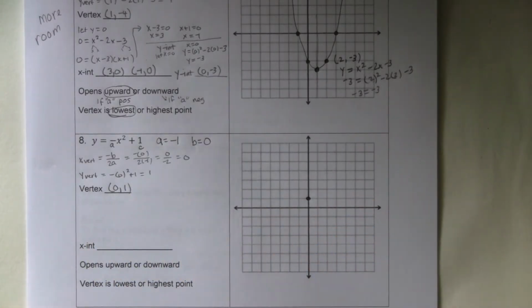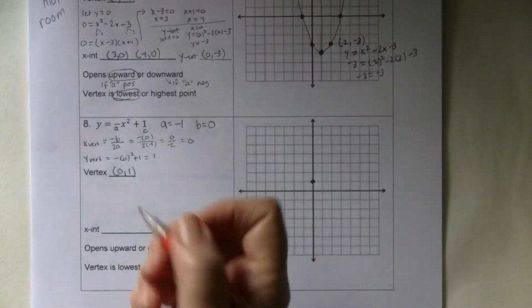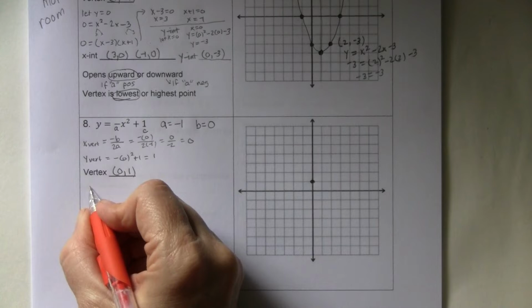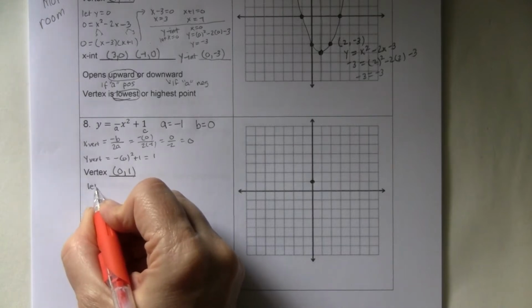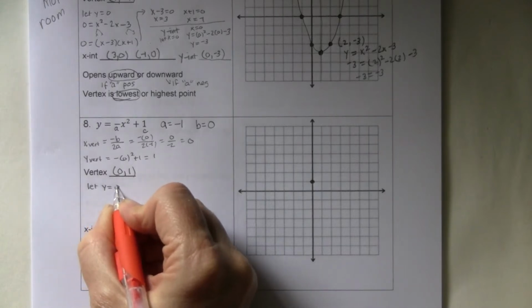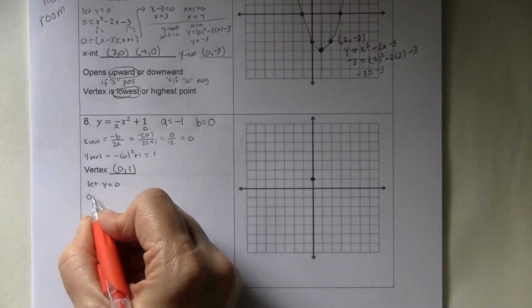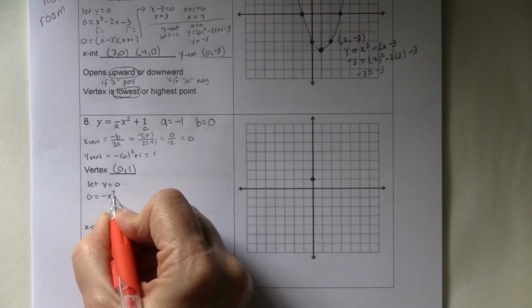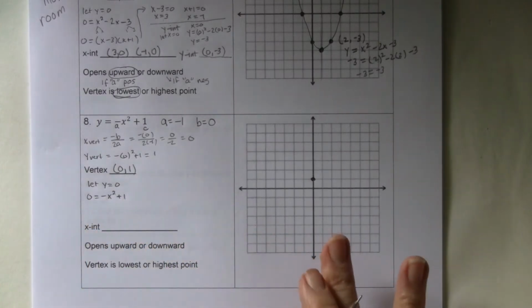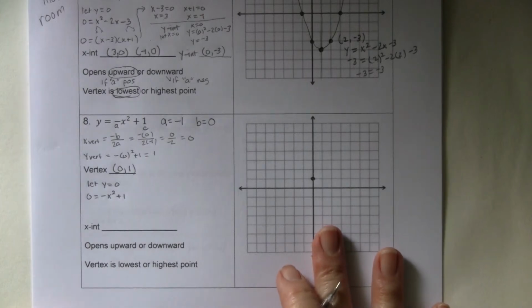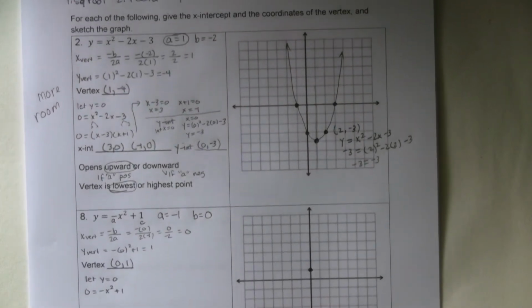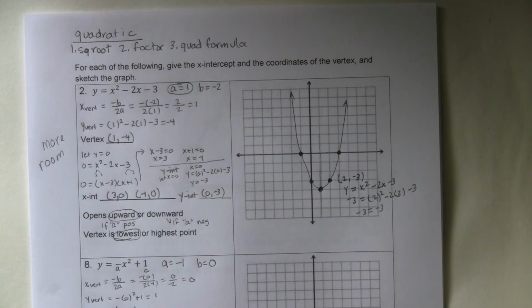If I wanted to find the x-intercept, that's what they're asking me to find next. The x-intercept, remember what you do, you let y equal 0. So this is going to be 0 equals negative x squared plus 1. And then it's quadratic, I want to solve it. And remember, I had these 3 methods. I had the square root method.